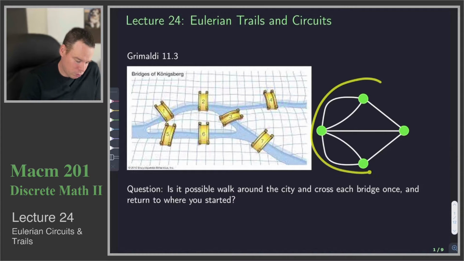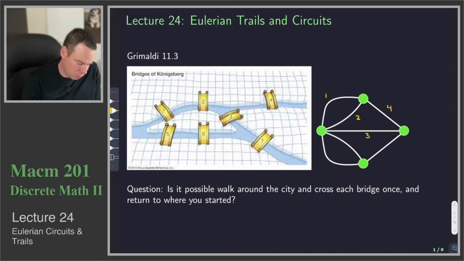What we've got drawn over here is just an abstraction of the essential properties of this map on the left. Each of the land masses is just denoted by a vertex. So those are the 4 land masses. Each of the bridges are denoted by those edges. So for example, this could be bridge 1, bridge 2, and bridge 4.